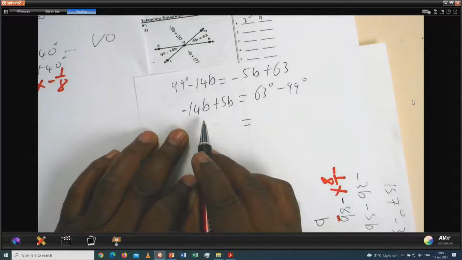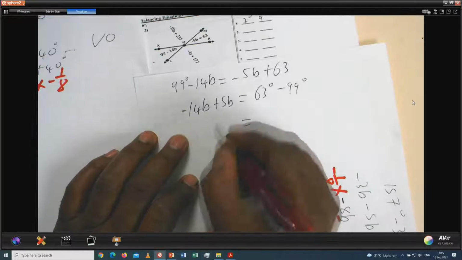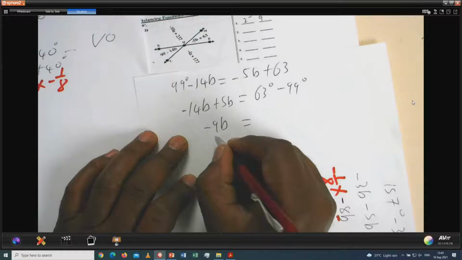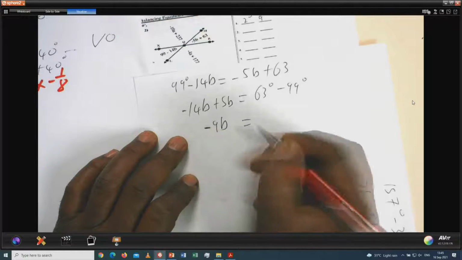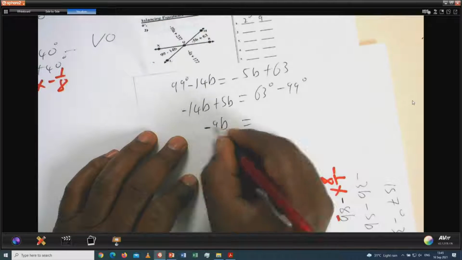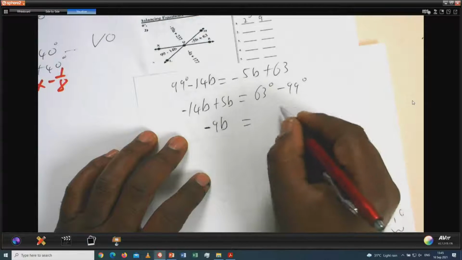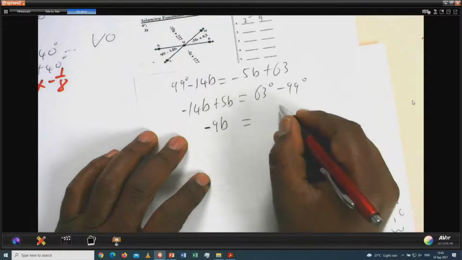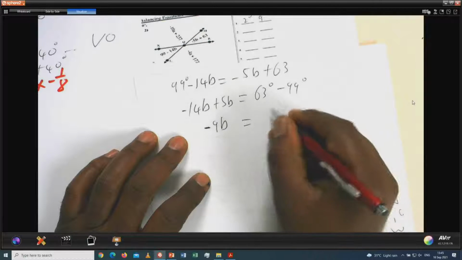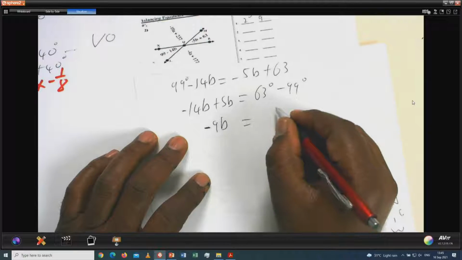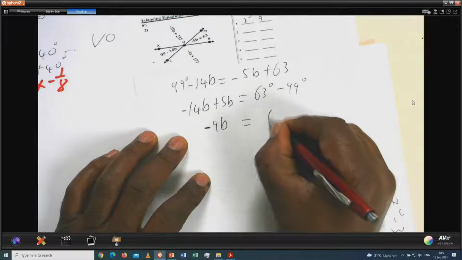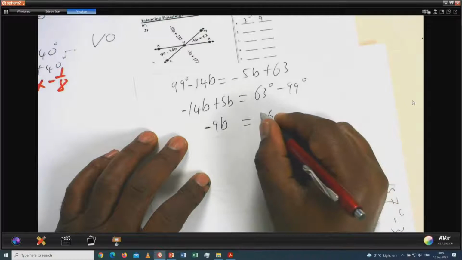You owe 14 rand, you pay 5 rand, you still owe 9 rand. Negative. Owing is negative. Right here, you owe 99, you pay 63. What are you left with? That you still have to pay.